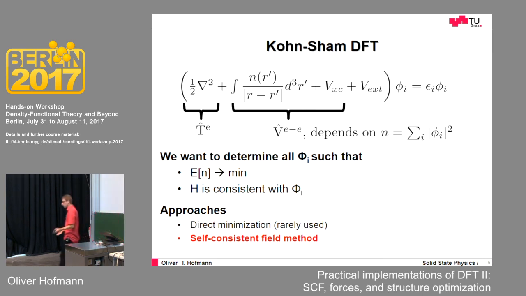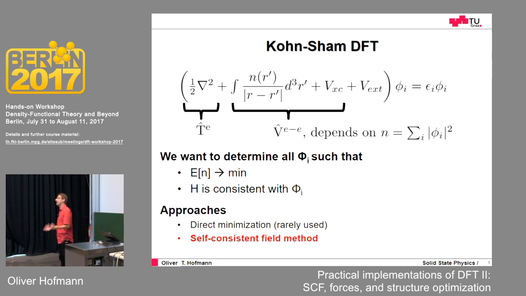What we want to do is we want to determine, this is all just a repetition of what Hardy Gross has said in much more detail earlier today, the orbitals or auxiliary variables such that the energy as a function of the electron density is a minimum, and such that the Hamilton operator that includes the electron density is consistent with the orbitals that we get out of it.